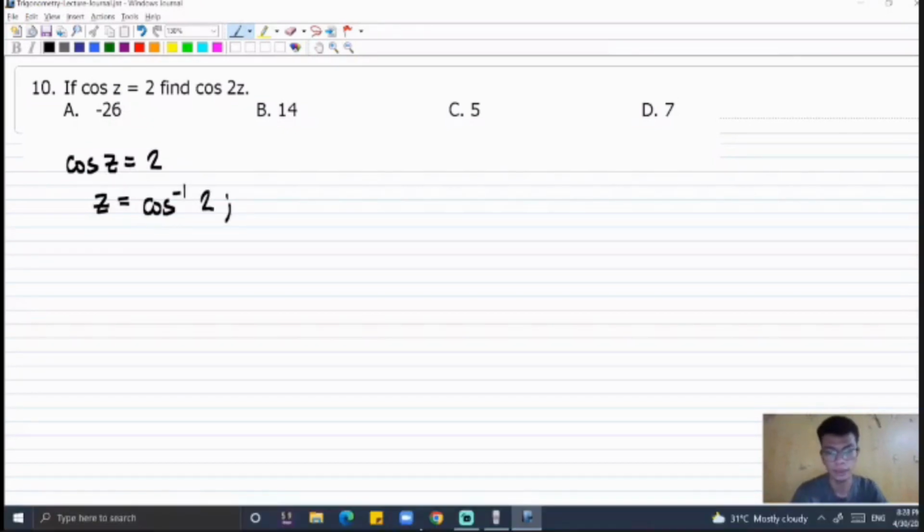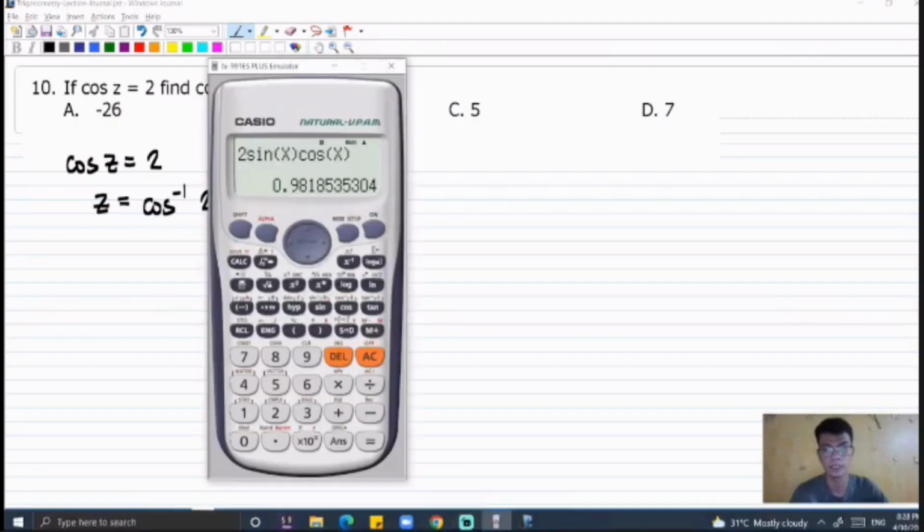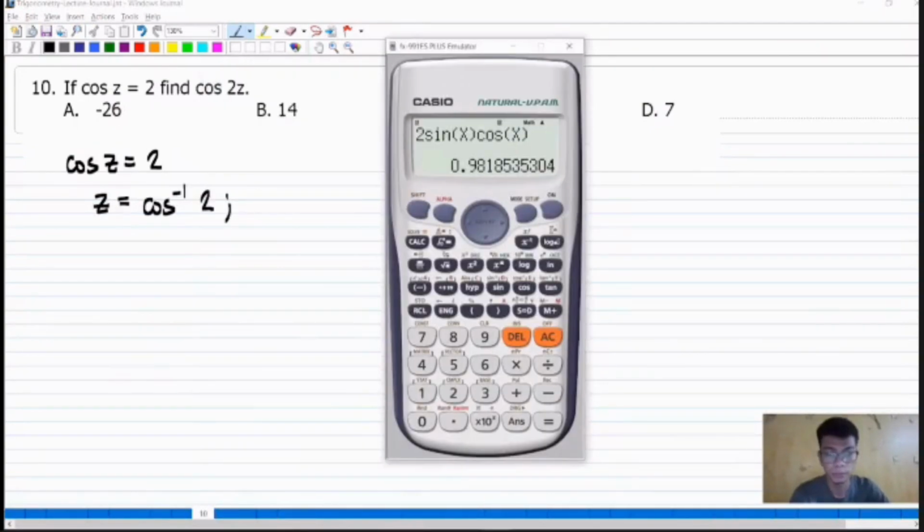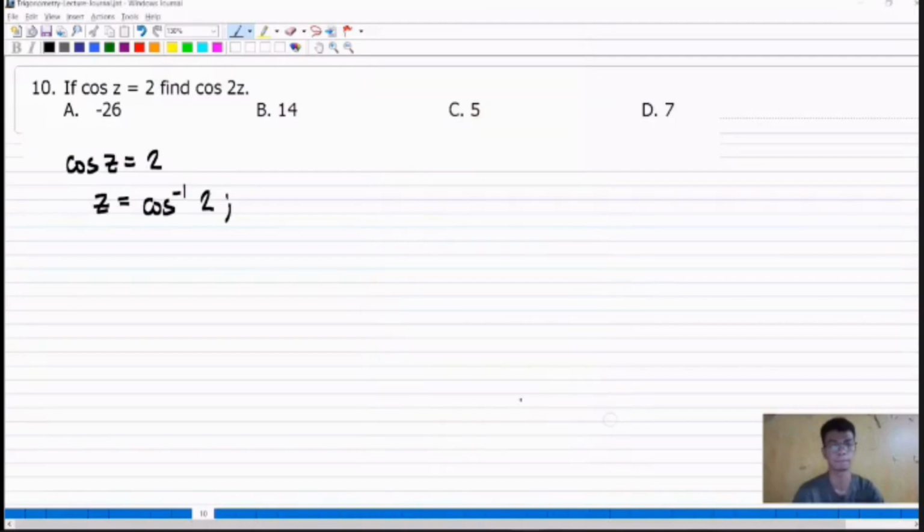Siya ay math error pa rin. Hindi natin kayang isolve dito yung problem using the calculator agad-agad kapag kukunin natin yung cosine 2z, kasi kailangan alam muna natin yung value ni z.